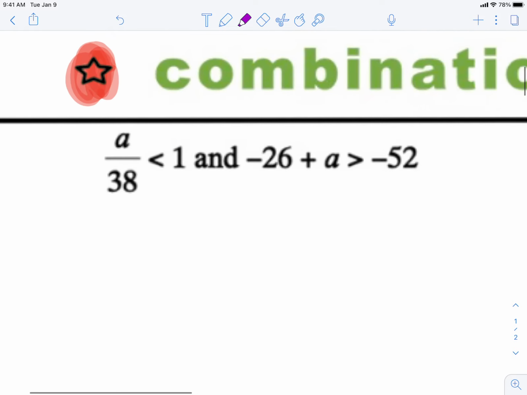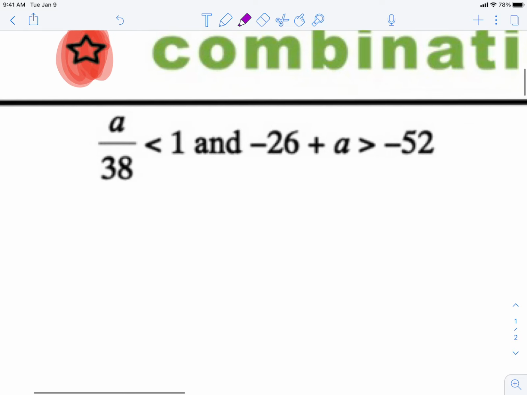So let's go to this first problem here, and we're going to read it. A divided by 38 is less than 1, and negative 26 plus A is greater than negative 52.